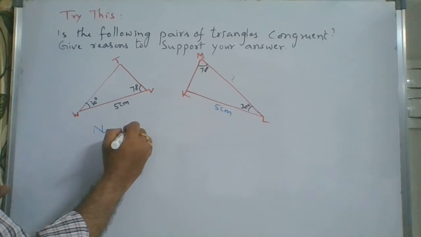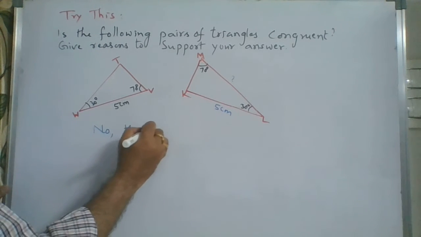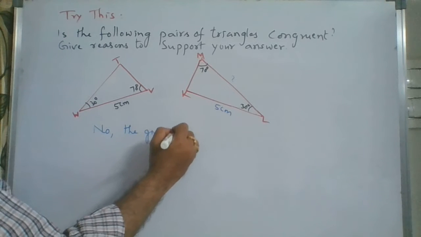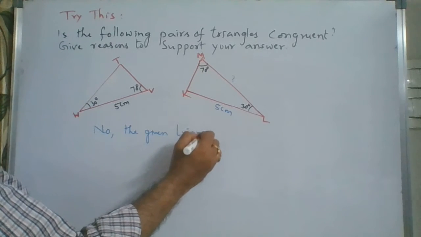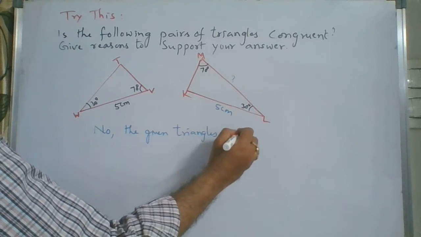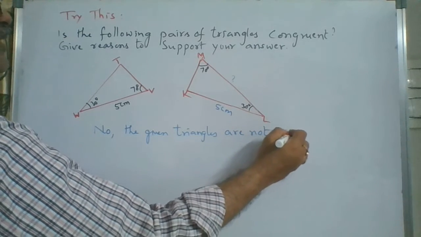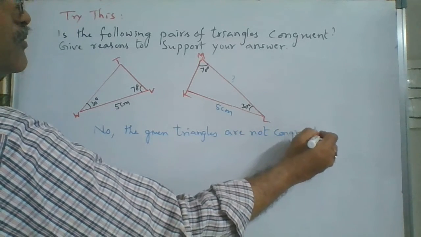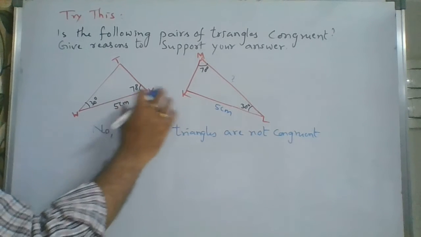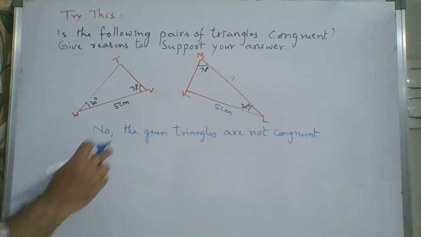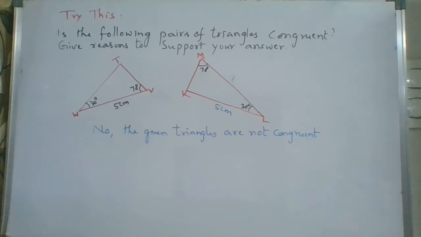No, the given triangles are not congruent. Why? We have to support the answer, no? Why is it not possible that these two triangles are congruent?